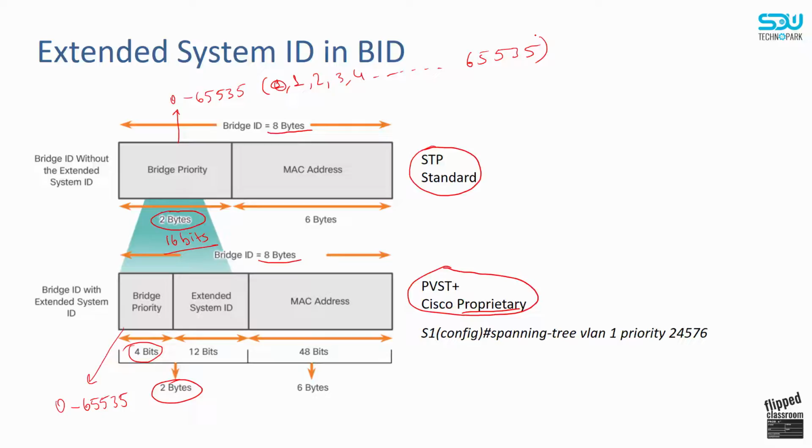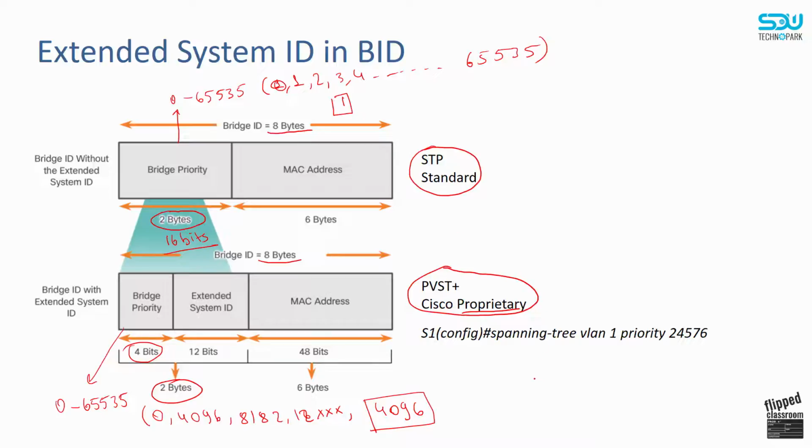But in the Cisco proprietary protocol, you are able to provide only values like 0, 4096, 8192, and 12,000 and something. And the step of incrementing the priority values is just 4096. This is one step. But here, in STP, the step was just 1.